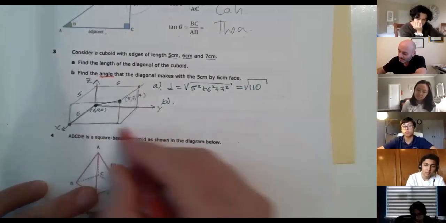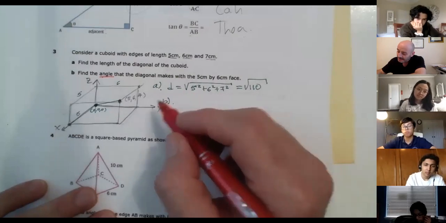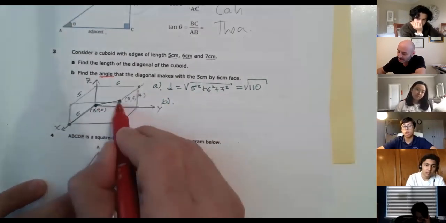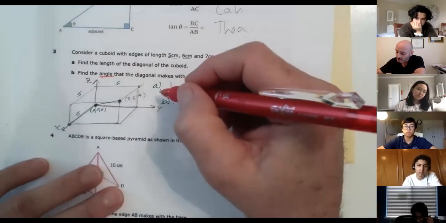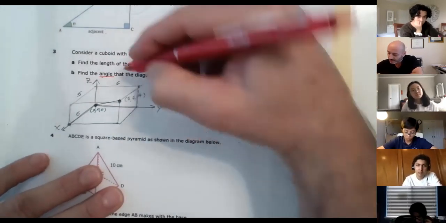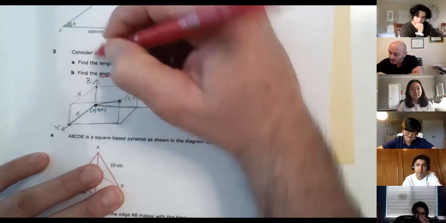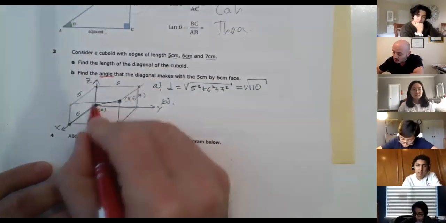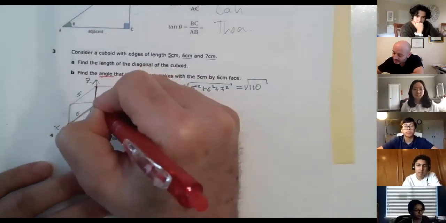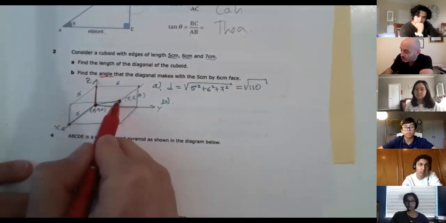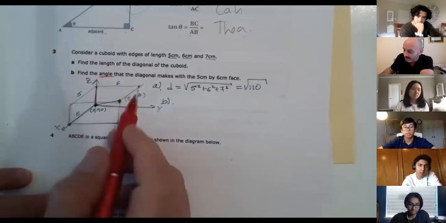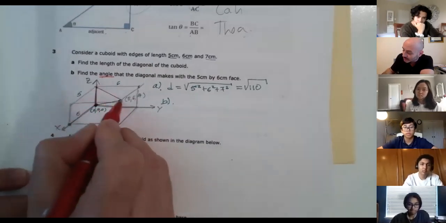All right, so to find the angle between this diagonal and the top face, what I'm going to do is draw a triangle. I'm going to draw a triangle from the origin to this vertex, and then from that vertex to the point 5, 6, 7. So it's going to be something like this.